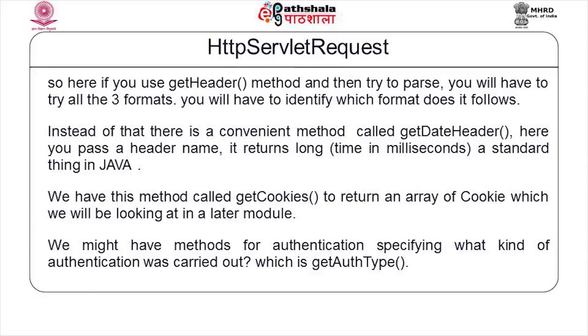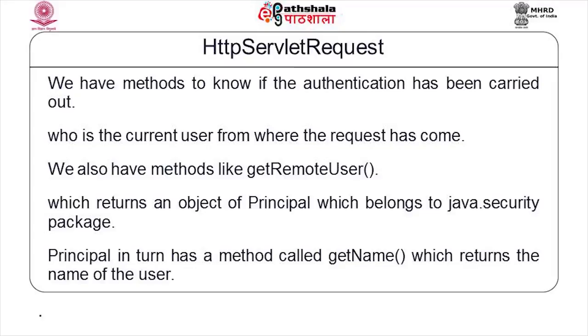We have methods for what kind of authentication, if there might be authentication which has been done. So, we have methods even for authentication, what kind of authentication was carried out. So, get auth type, we have a method to know if authentication has been carried out. Who is the user, who is logged in, who is the current user, from where the request has come.